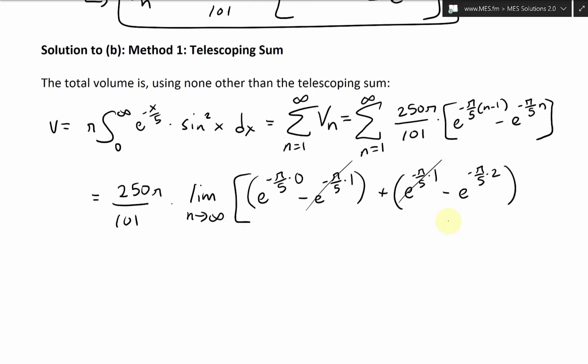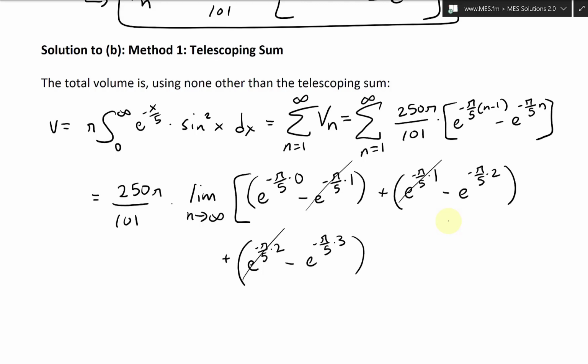Then the next one, n is 3. We'll get plus e to the negative pi over 5 times 2, minus e to the negative pi over 5 times 3.